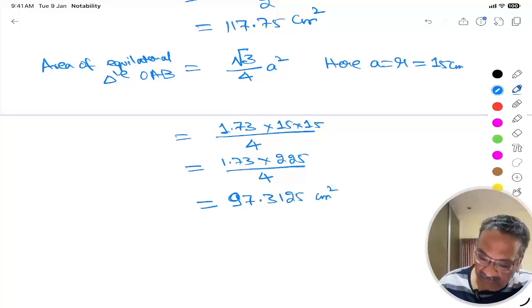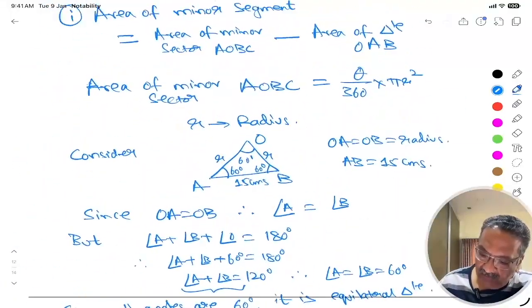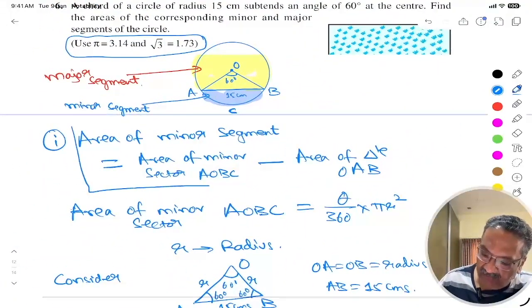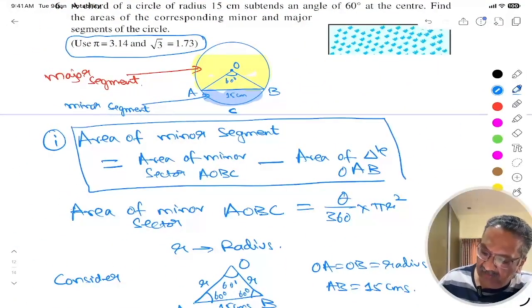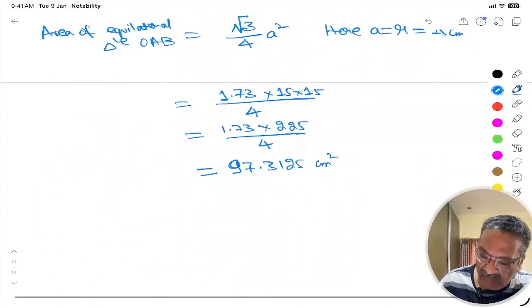Alright. Now therefore, as per this equation, we have area of minor segment.